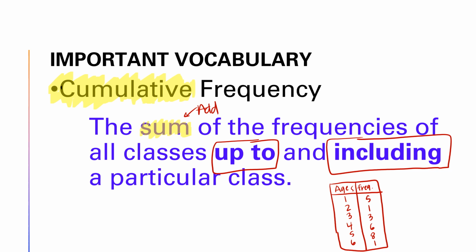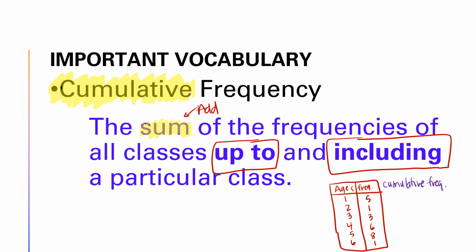Remember, the frequency is how many times we had a 1-year-old in the data set. We had 5 1-year-olds, 1 2-year-old, 3 3-year-olds, 6 4-year-olds, 8 5-year-olds, and 1 6-year-old.